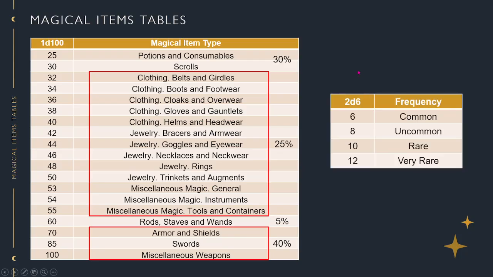And then for commonality, I just roll 2d6 to determine the commonality. If it's 6 or lower, it's a common item. But it does happen. I just gave out a very rare item in my last session. So you can definitely get lucky. I also wanted to give 40% to armor, shields, swords, and weapons simply because I feel like melee needed some love.